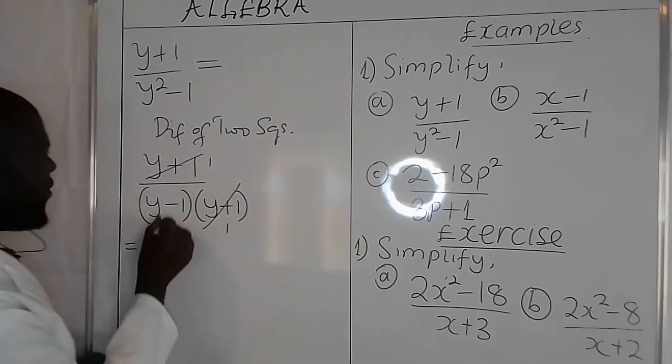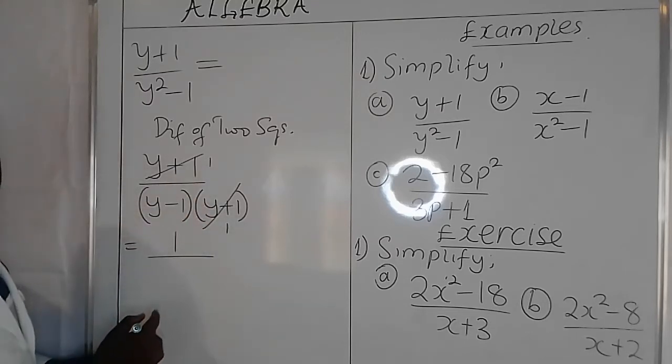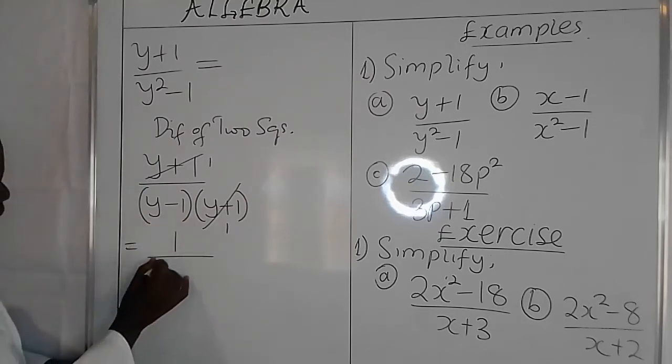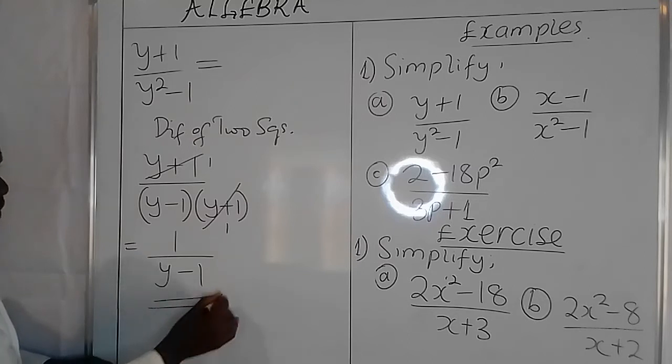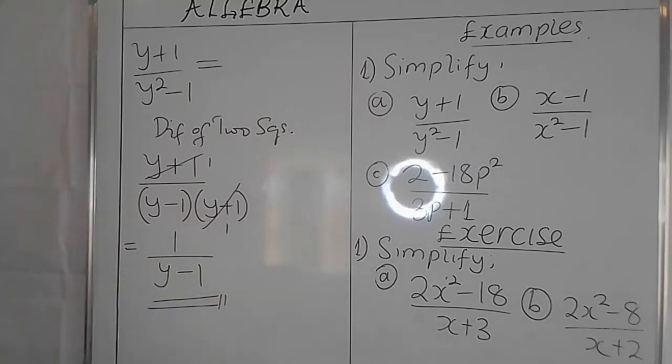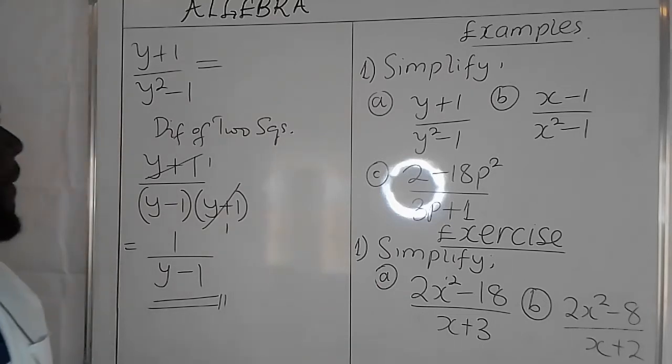So we shall have our numerator 1, and our denominator as y minus 1. Once we do this, the question is done. Basically, this is how we simplify the difference of two squares in an algebraic fraction.